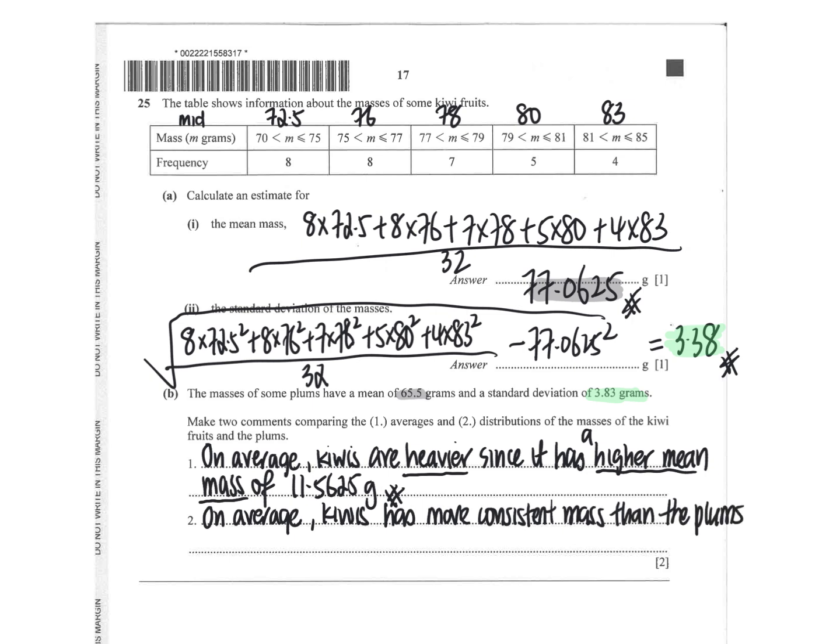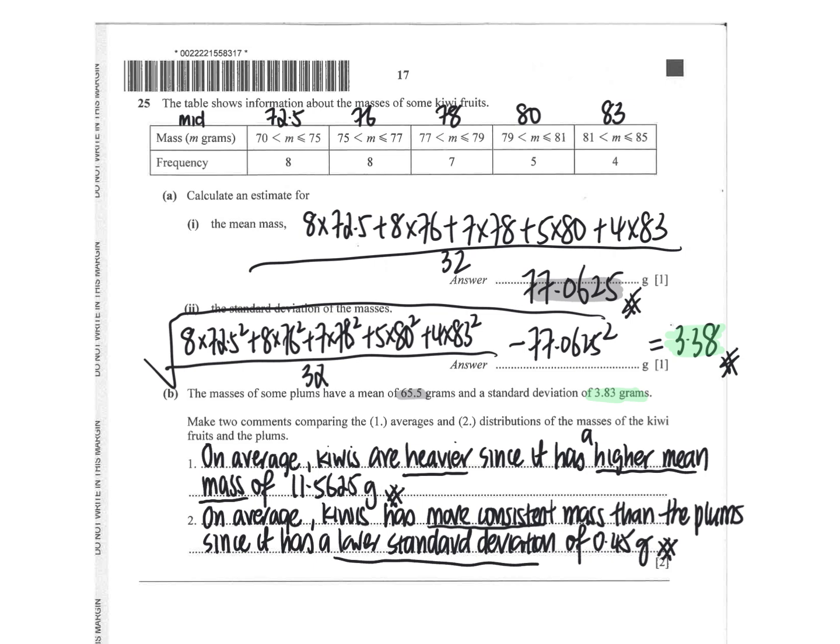Okay, then you give me the evidence. Since it has a lower standard deviation. So if you want, you take the difference, 3.83 minus 3.38. So 0.45 grams. Okay, so must tell me more consistent, lower standard deviation is a pair.